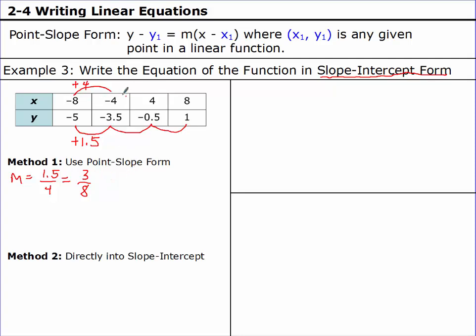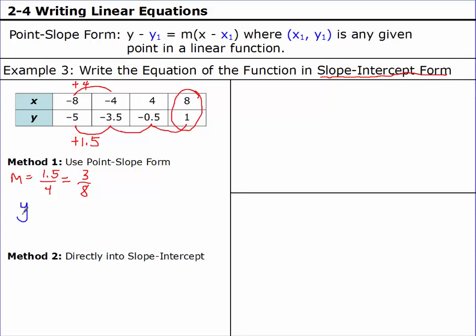Our y-intercept should be in the middle somewhere here, but we'll figure that out later. Point slope form, we just need to pick a point. So I'm going to pick this one. It's the only one without decimals, and it looks easier to deal with than the 2 negatives.